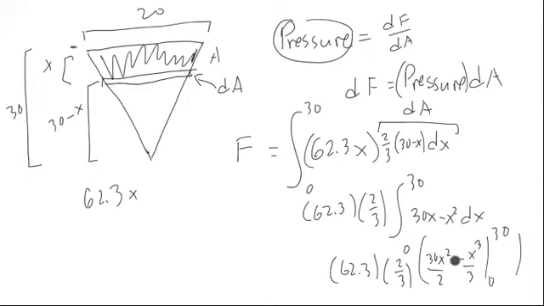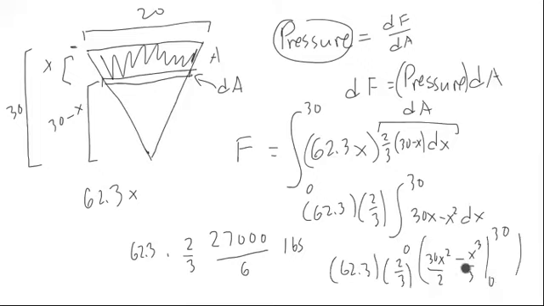So it's like 1/2 minus a third, which is a 6th. So it's really a 6th of 30 cubed, which is 27,000, and you're taking a 6th of that, and multiplying that by 2/3 and 62.3. And the units for this force should be pounds when we work that out.